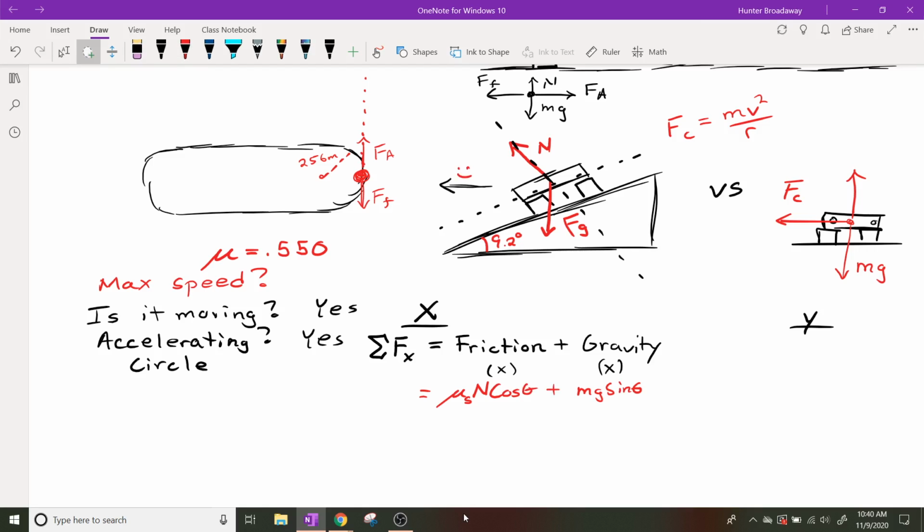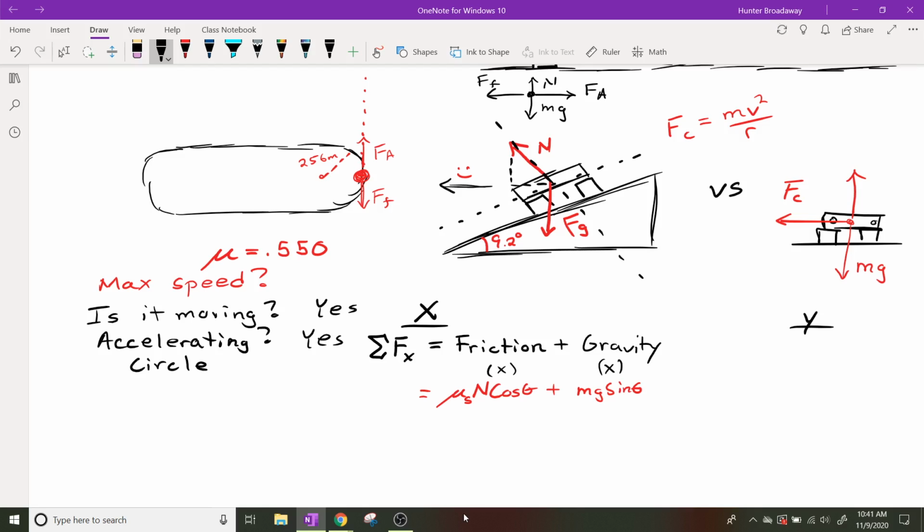Look at the direction that n is pointing. N is pointing in this direction. So if we were to break the n up into its components, then the n is going to be cosine this way and sine this way. Okay, that probably hurts a little bit, but it is what it is. We don't have much of an option on that one.